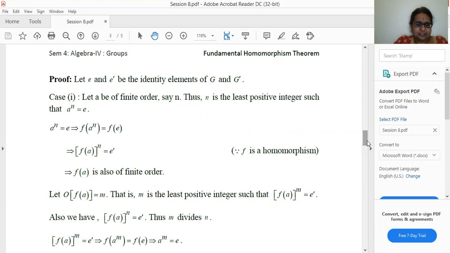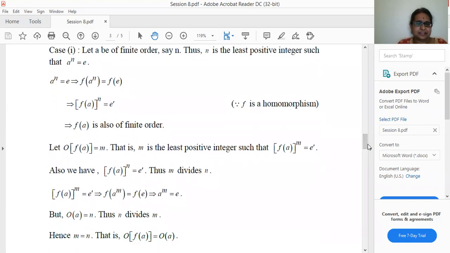And also, just now we have shown that f of a power n is equal to e dash. Thus, m divides n. So f of a whole power m is equal to e dash implies f of a power m is equal to f of e. This implies a power m is equal to e.